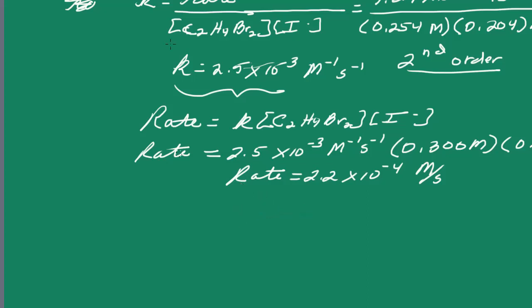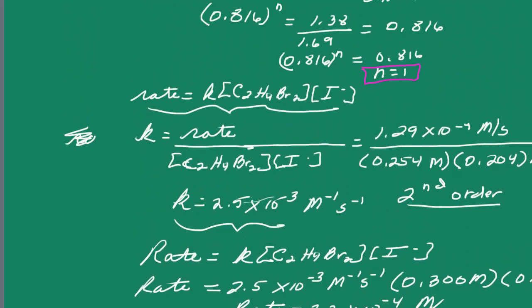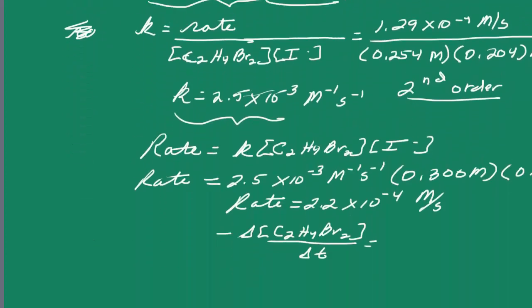Okay, so we know that our rate of disappearance of the 1,1-dibromoethane, I'm sorry, I keep saying methane, is equal to, and we'll take a look at our equation here, the formation of the triiodide ion.